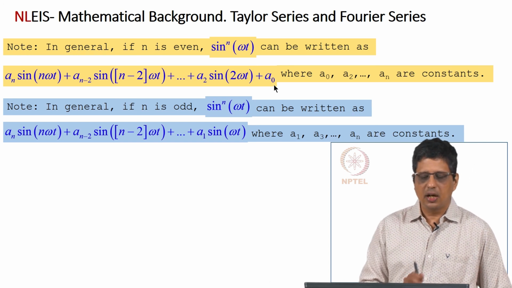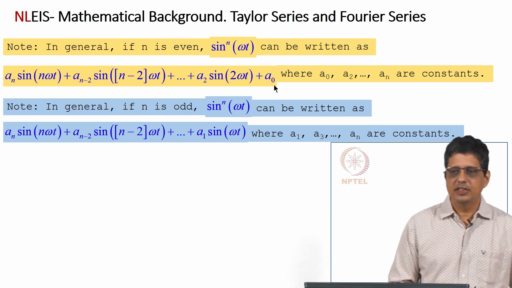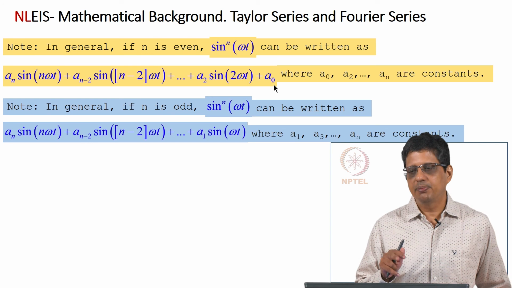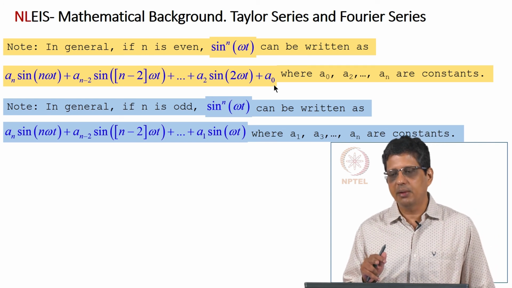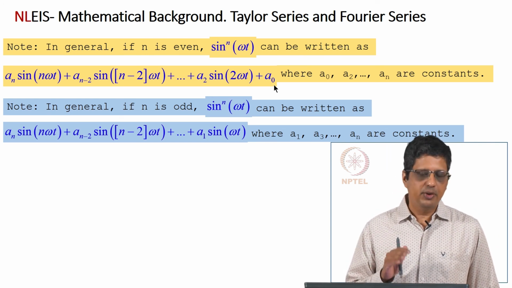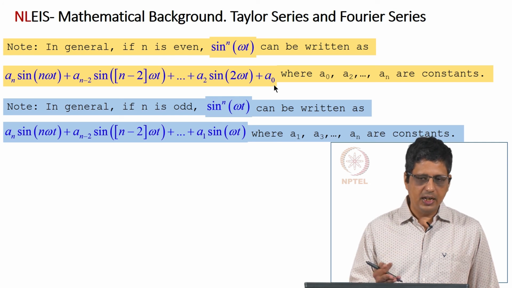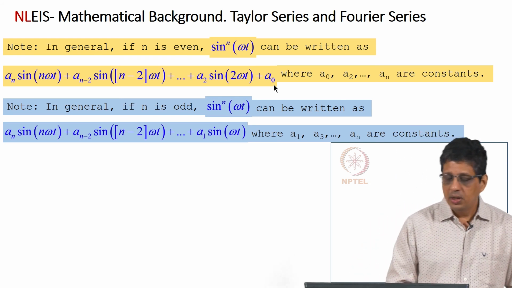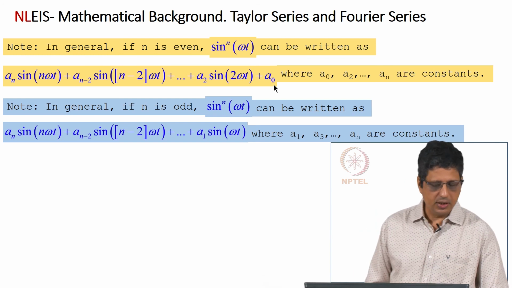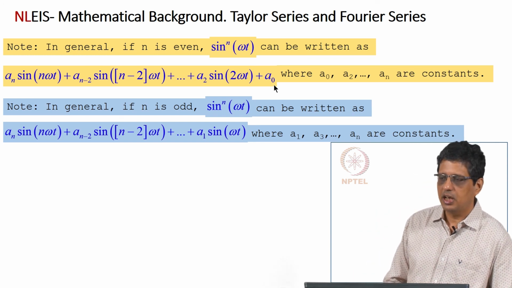If I start with an odd power, if we start with sin theta raised to the power 7, I would get 7 theta, 5, 3 and 1. And of course, these values are constants, known constants, we just have to go through the trigonometric identities and write this.